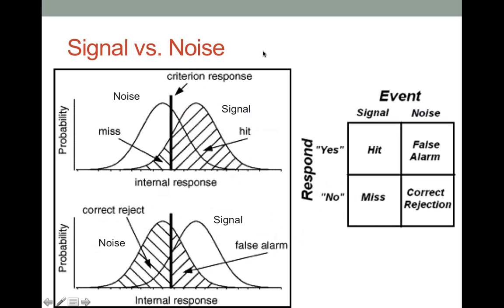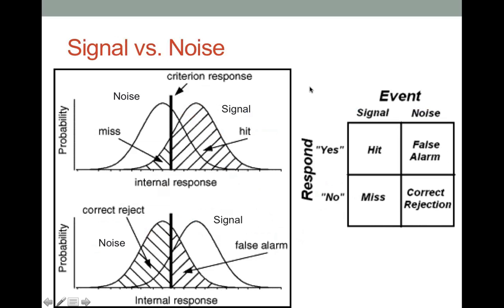The signal distribution is when there were beeps, and so when the signal is there and you say it is, it's a hit. When the signal's there and you don't say that it is, it's a miss. And when the noise is there and you say the signal was there, false alarm. Noise is there, correct rejection if you say no.